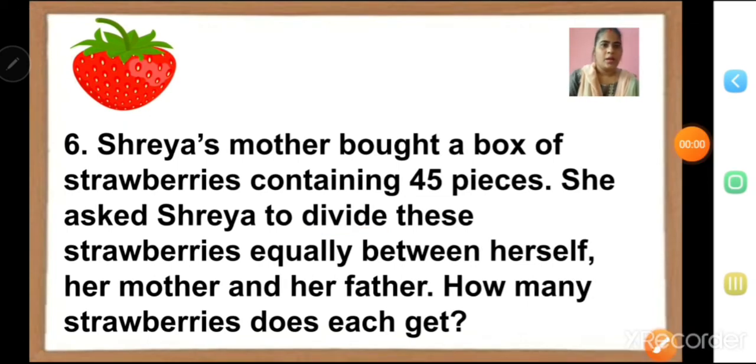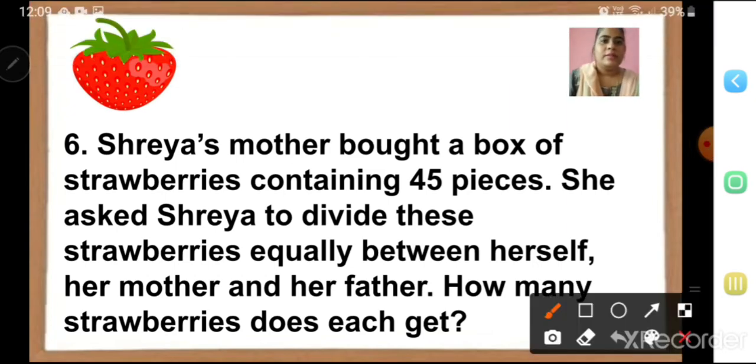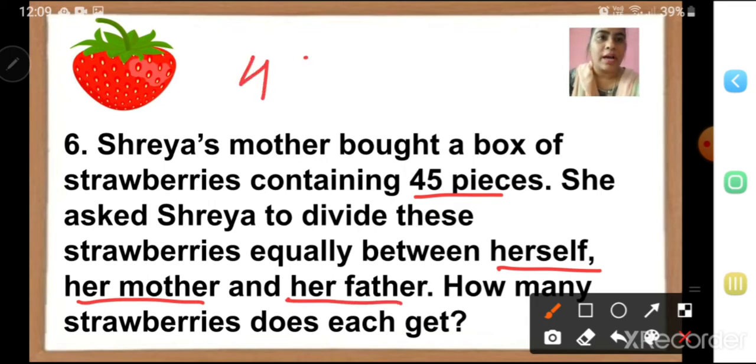Okay. So children, how many total strawberries are there? There are 45 pieces. Correct. Then Shreya's mother told her to divide strawberries equally between herself, her mother and her father. That means there are 3 people. So it will be 45 divided among 3 people.